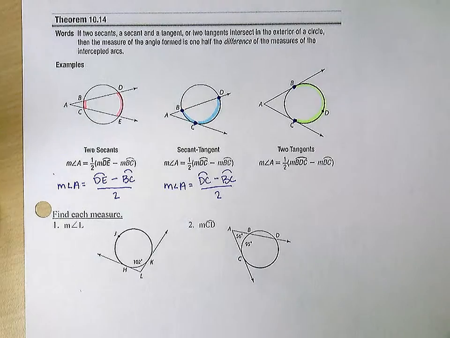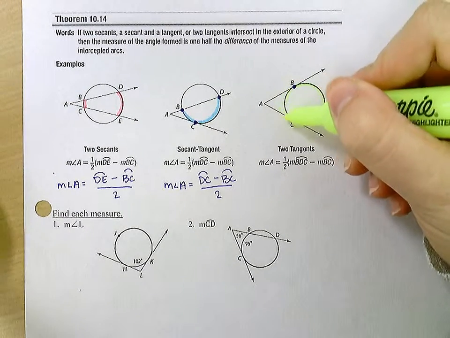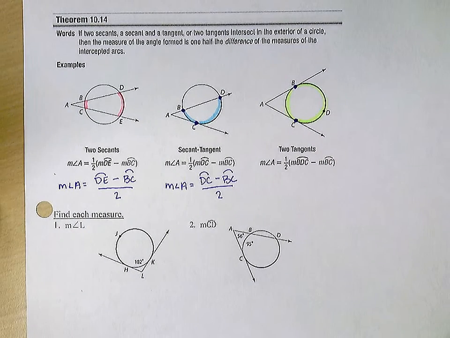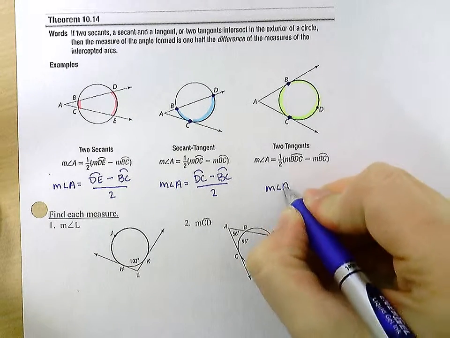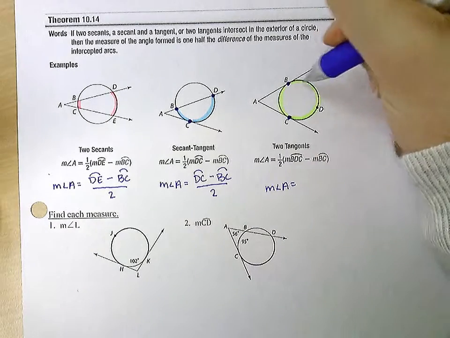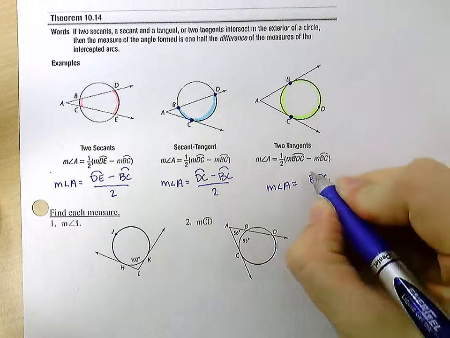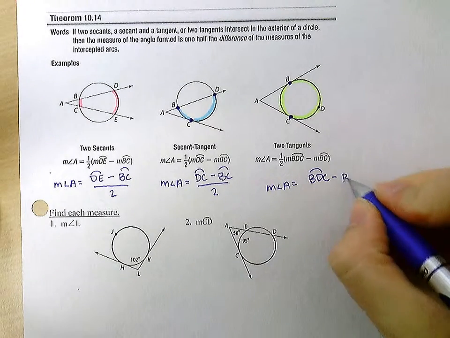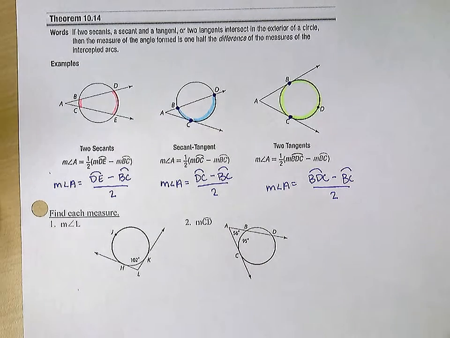Okay, so that first arc, the larger one, again minus the smaller one formed by those intersection points. Okay, so again, to find the measure of angle A, we're going to take this larger arc BDC and subtract the smaller arc BC and divide by 2.